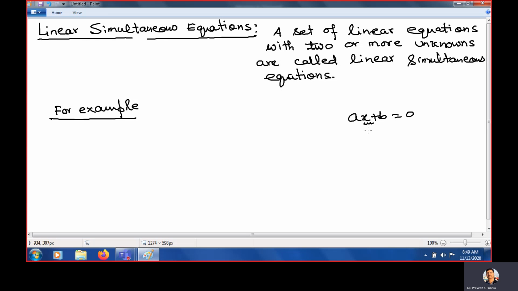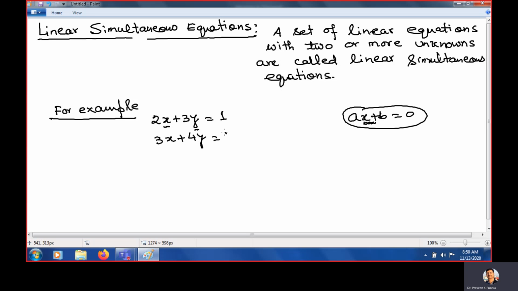But if we have two variables, two unknowns, for example 2x plus 3y equals 1. How many variables? Because here we have one variable, we need one equation only. But here we have two variables, x and y, so we need two equations.